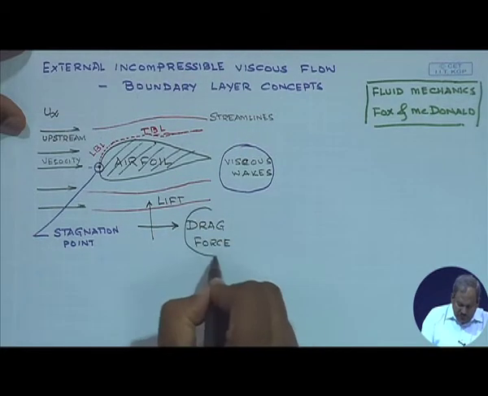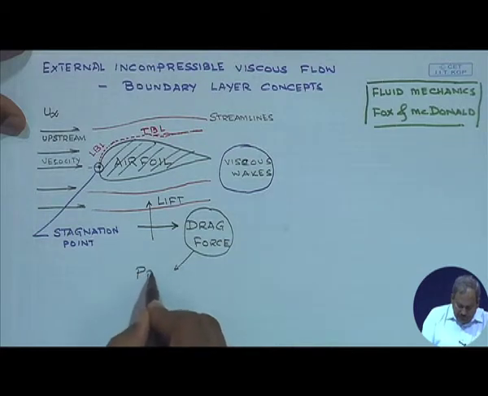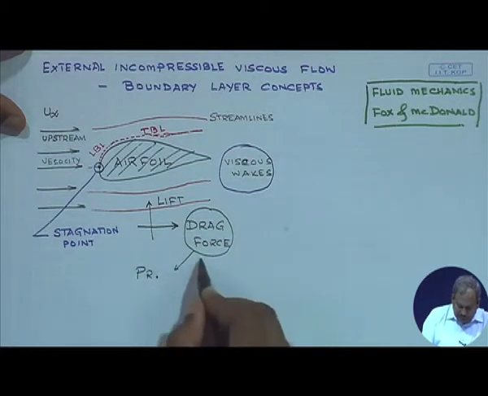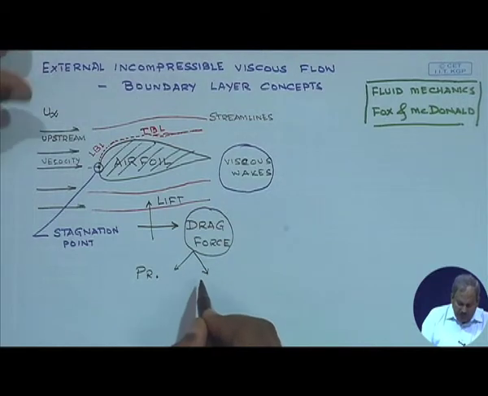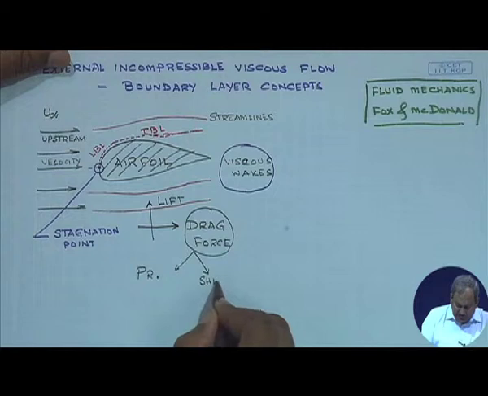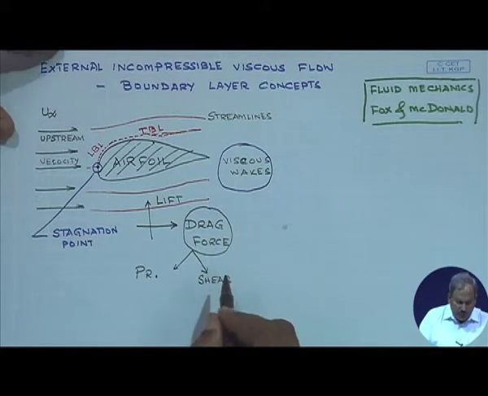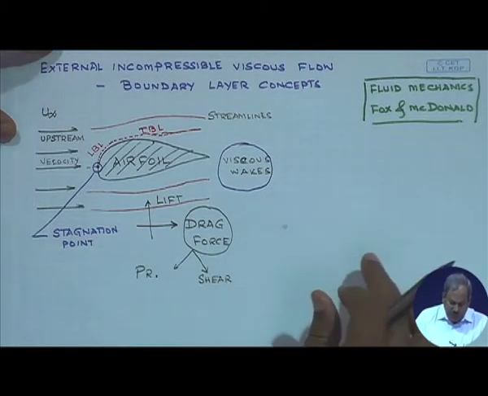The drag force also has two components, one which is called the pressure drag, and the second which is called the viscous drag or the shear drag. So these are something which we are going to discuss here.